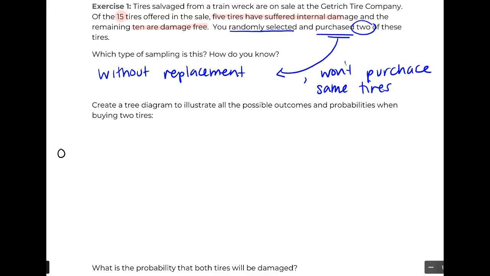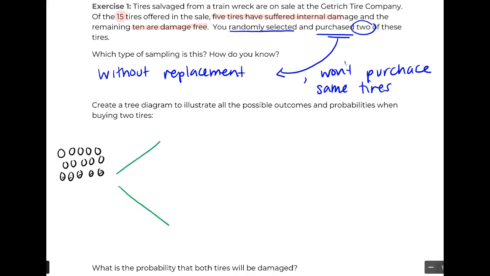I'm just going to go ahead and draw them all. And 5 of them are bad tires, I'll make them sad face tires. And the rest are damage free, those are good. Once I purchase my 2 tires, we're going to pretend that these 2 tires are purchased one and then the other.